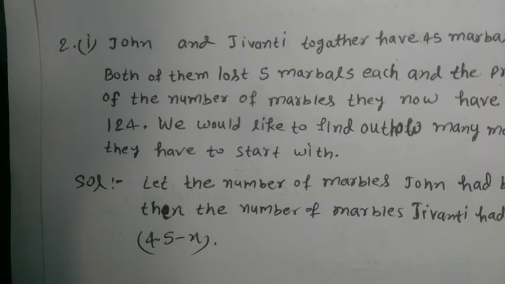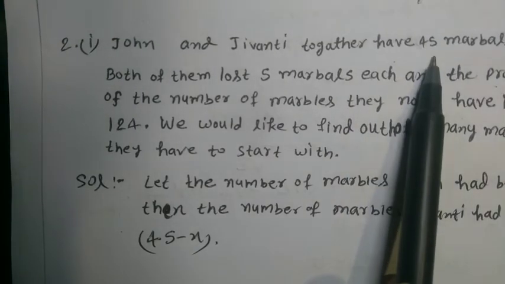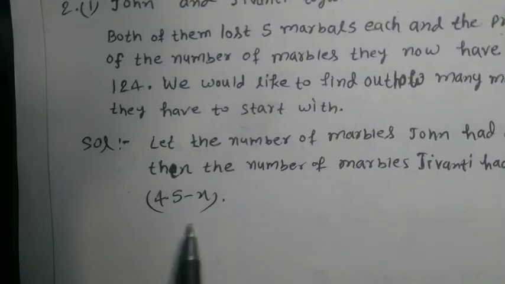One friend has 2 fruits, then the other friend has 8 fruits. How can I get 8? By subtracting 10 minus 2 we get 8. Similarly, together they had 45 marbles, so one had x marbles, then the other had 45 minus x.